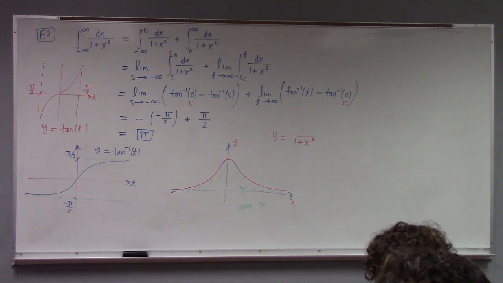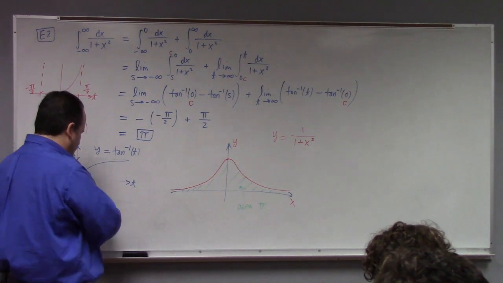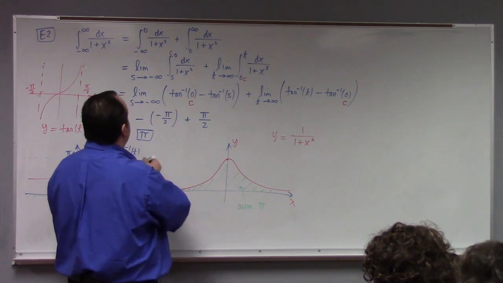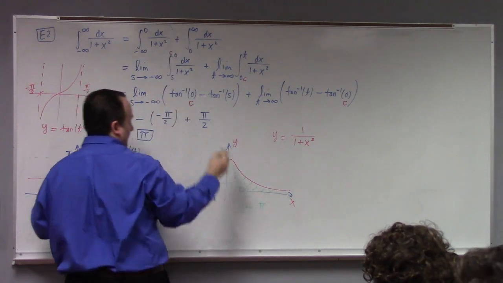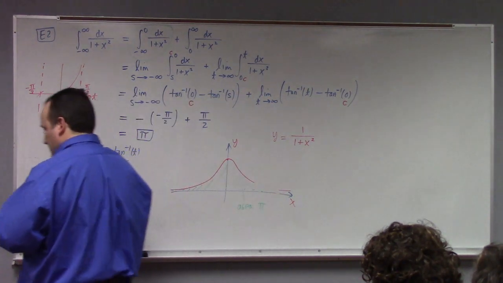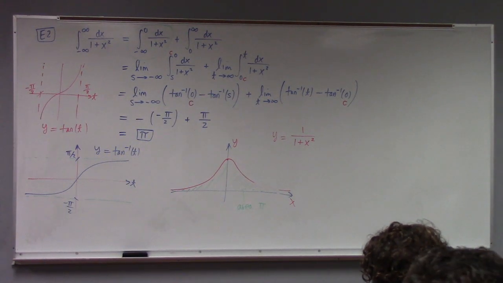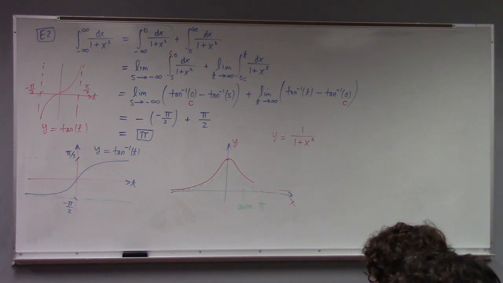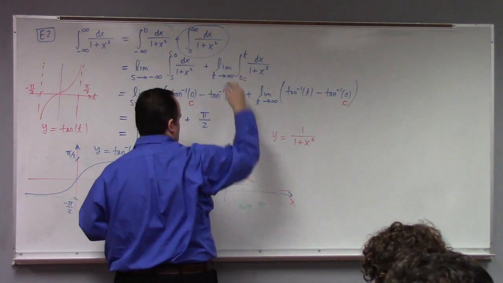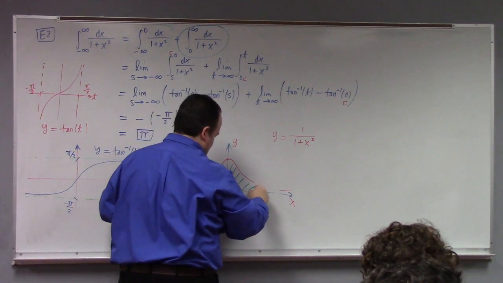And the initial splitting just corresponds to doing what? Let me use some color coding here. So maybe the green area is this one, and the other side, in this hideous Carolina blue, would be that area.